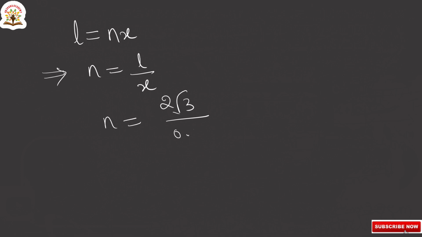Next, L is equal to nx. So by using this, we write n is equal to L by x. So n is equal to 2√3 divided by 0.2 by √3. That is equal to 2 into 3 into 10 by 2. Here √3 into √3 is 3. 0.2 can be written in decimal representation as 2 by 10.